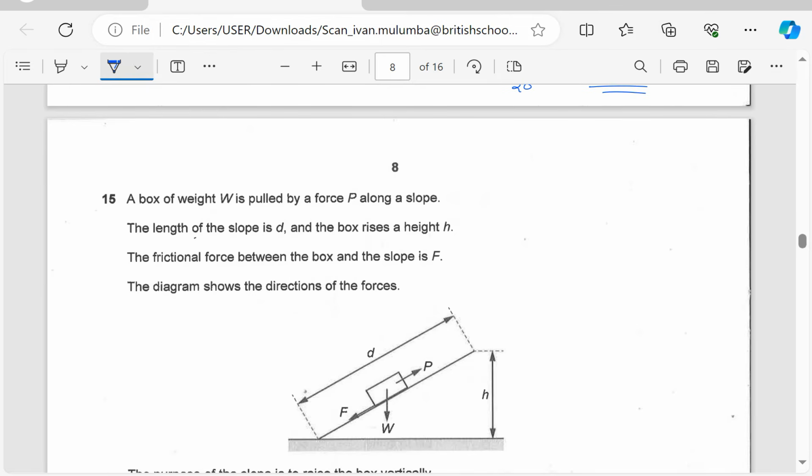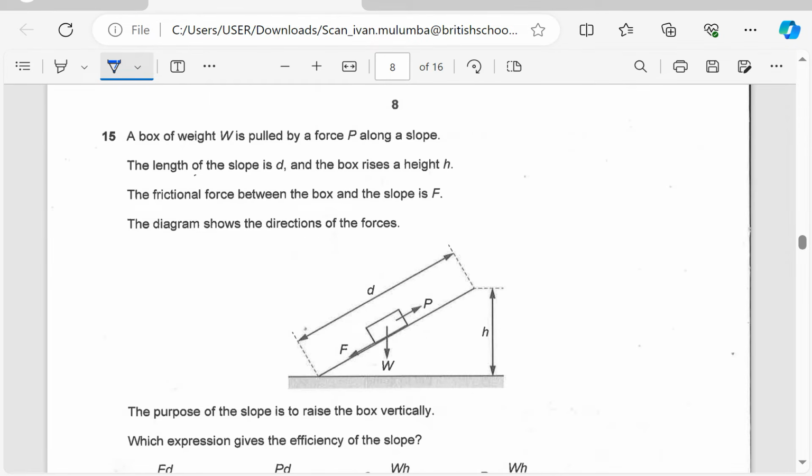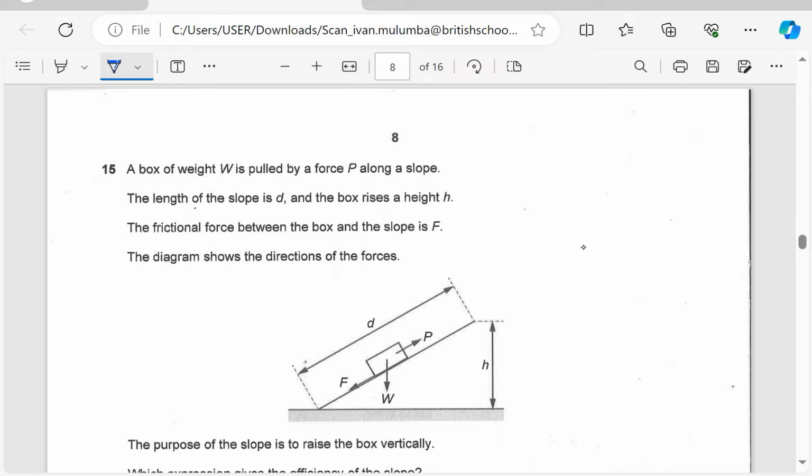Okay, question number 15. A box of weight W is pulled by force P along the slope. So this force P is overcoming the friction to pull the box upwards, and it is also making it gain gravitational potential energy.